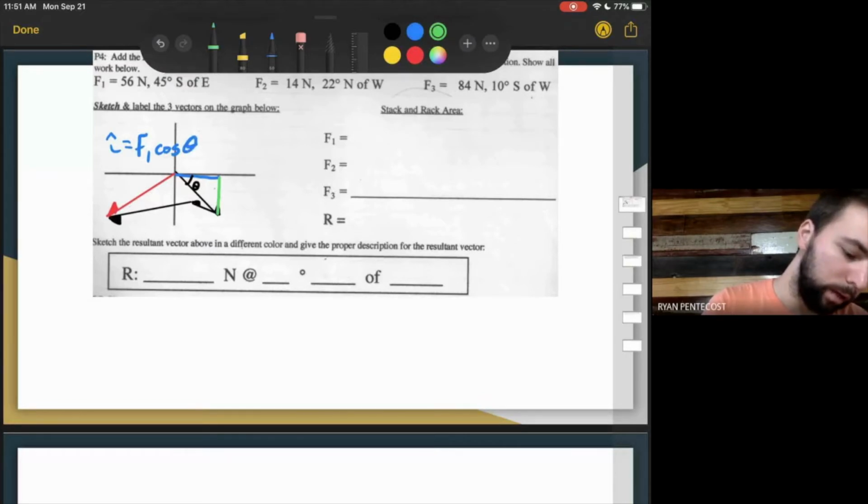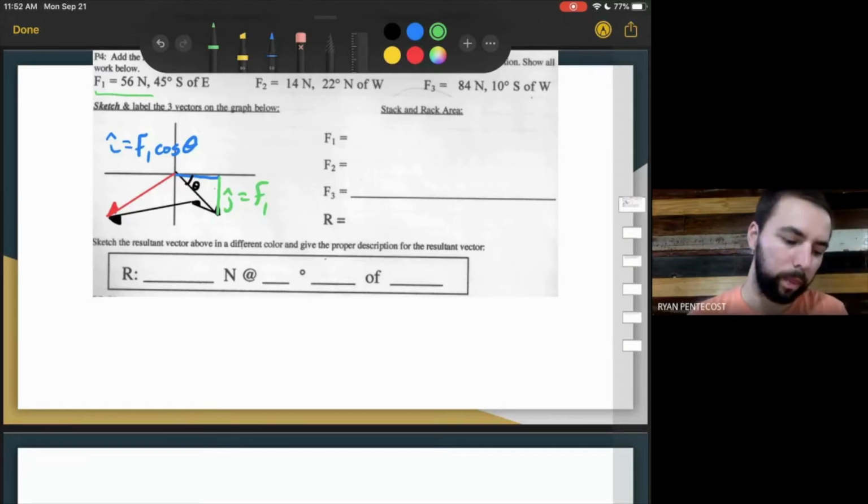Then to get the j component, you would take the magnitude of your vector, F1, and multiply it by sine theta. And all we're doing is solving for that leg of the triangle, because it's a right triangle. We can do this.